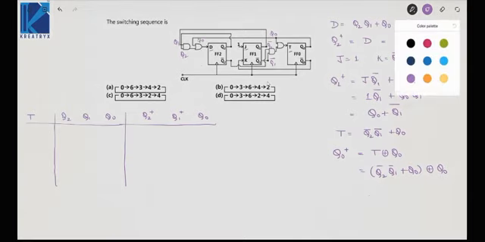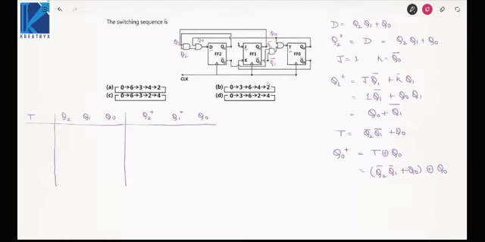Now assume that initially all flip-flops are cleared, so the data is 0, 0, 0. Now Q2 plus is Q2, Q1 plus Q0, which will come 0. Q1 plus is Q0 plus Q1 bar. Q0 is 0, Q1 bar is 1, so the sum will be 1. T is Q2 bar, Q1 bar plus Q0. T will be 1. If T is 1, Q0 will toggle, it will become 1. That is 3.